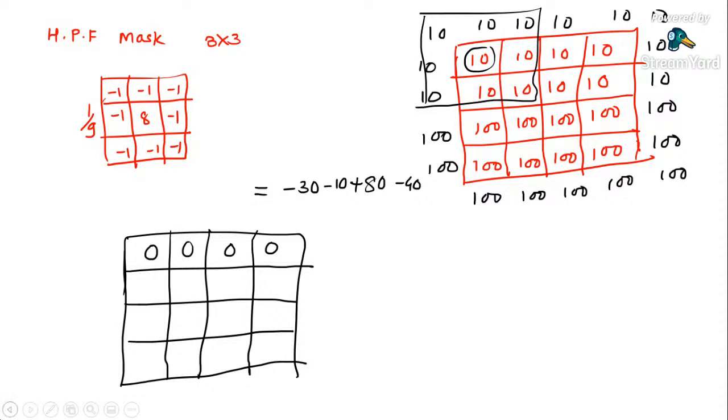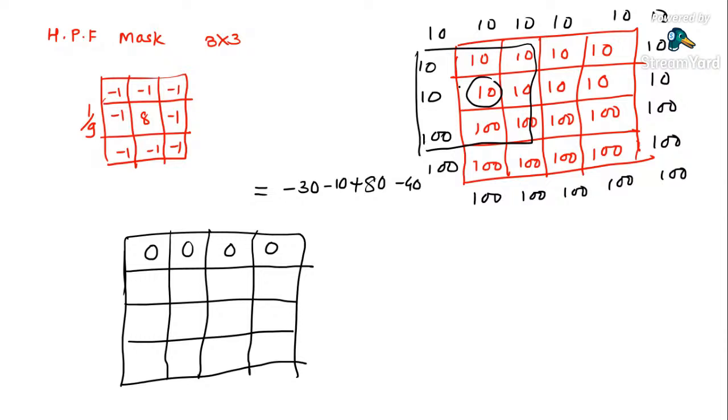Now we'll move towards the next row. So this is the next row, and the mask will be like this. Try to find out the answer. All are minus: -30, -40, -50, -50, minus 300, and plus 80.